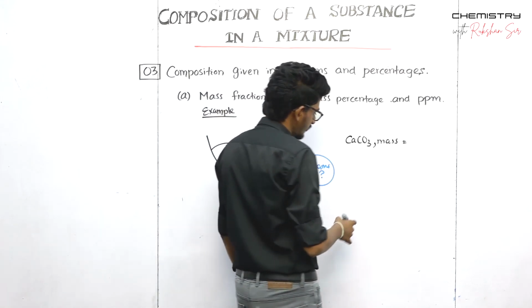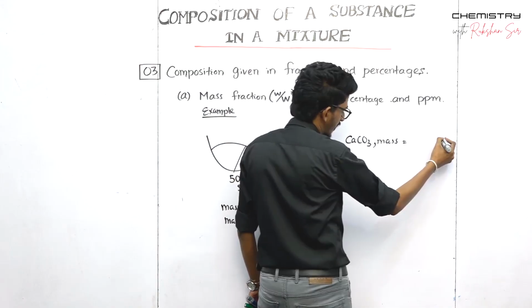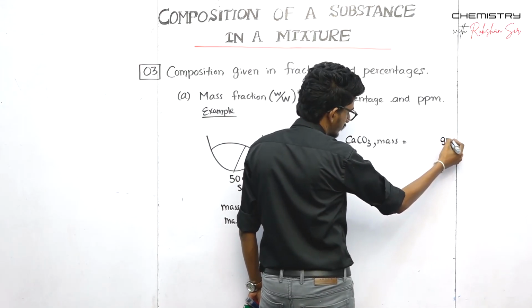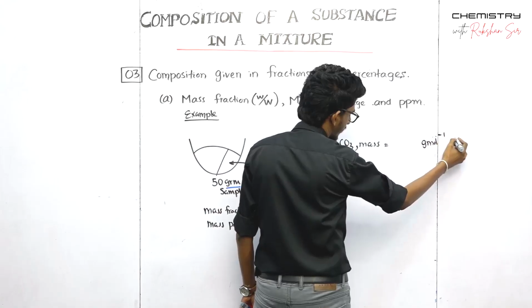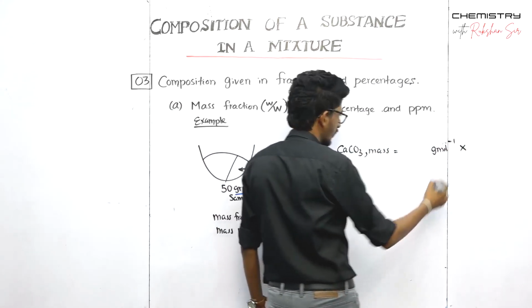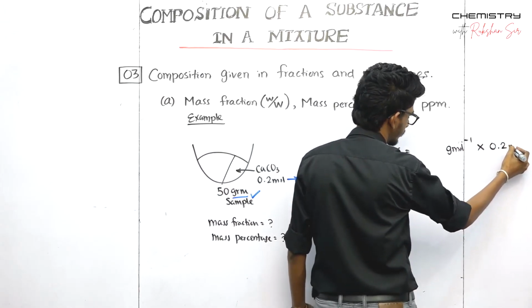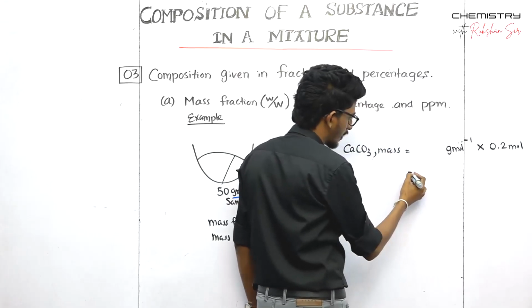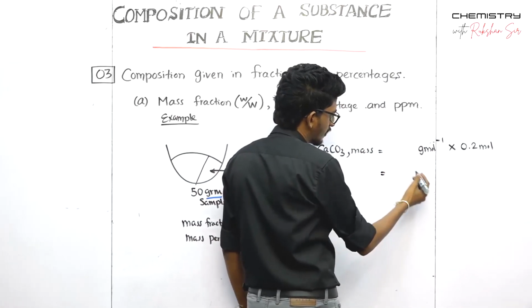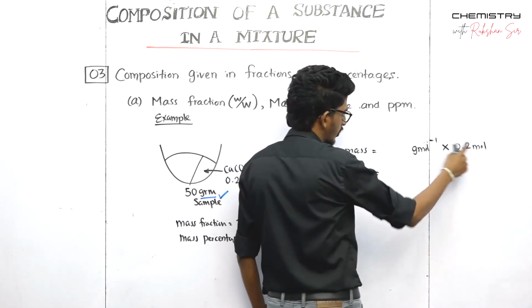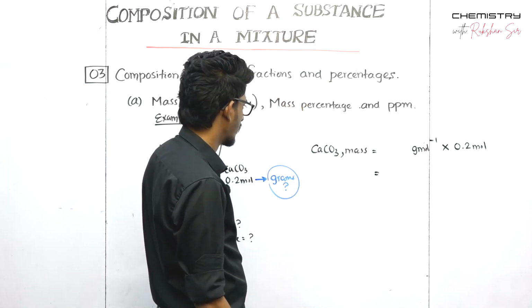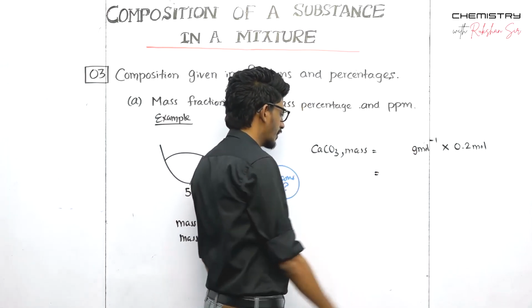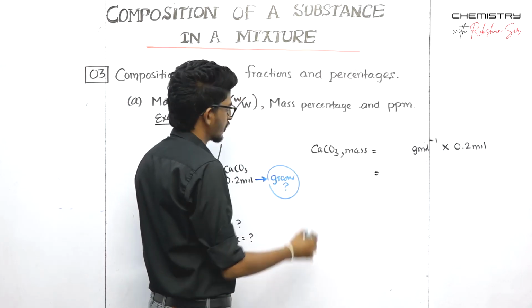So the g mol^-1 value, if you multiply that with the moles value, you will come up with a gram value, because the mol^-1 and mol will cancel off. What is the g mol^-1 value of calcium carbonate? Let's calculate that.